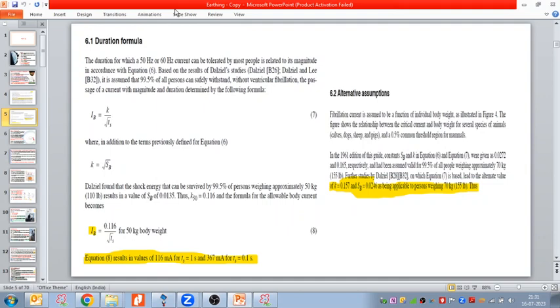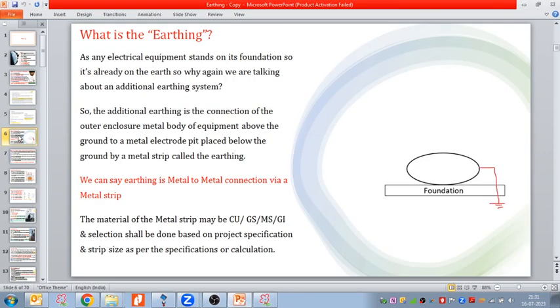So for both, for the equipment as well as human safety, right? If I ask what is the earthing in a very simple language, not going with the technical stuff, in simple language, what is the earthing? You are all telling why earthing is required, but my question was what is the earthing.